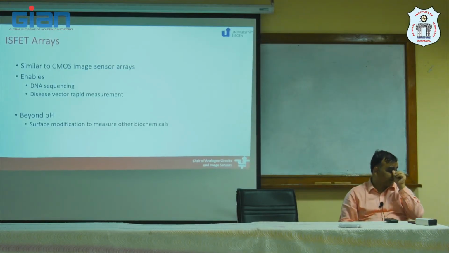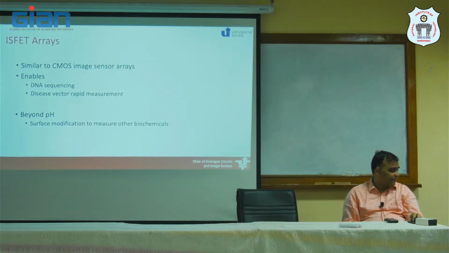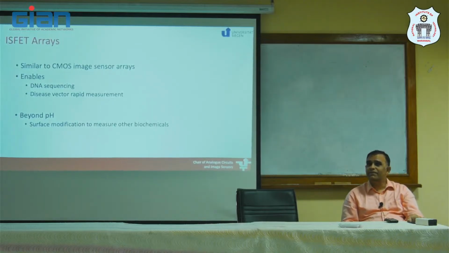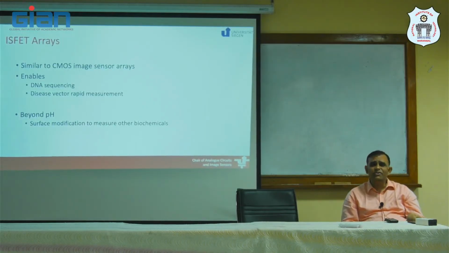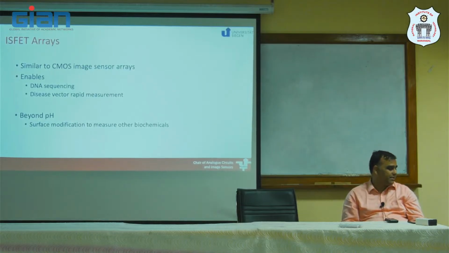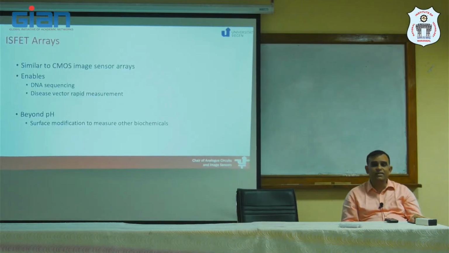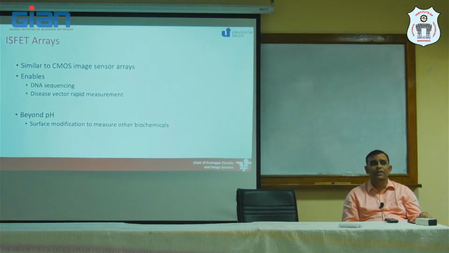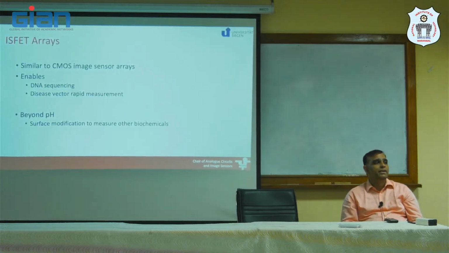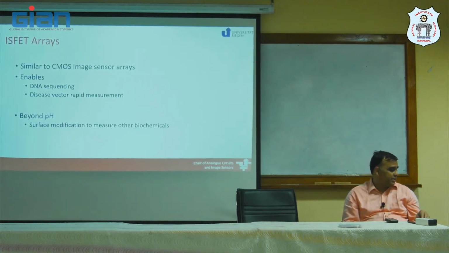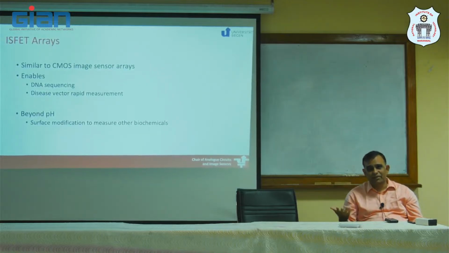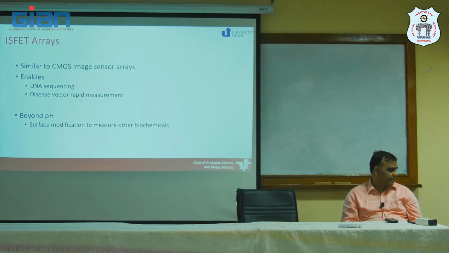Okay. And things people have done is DNA sequencing with these pH sensors, and it also shows promise in rapid vector measurement. Particularly during coronavirus times, it was quite a hit because this could be something which could be used in the field without going through much testing.